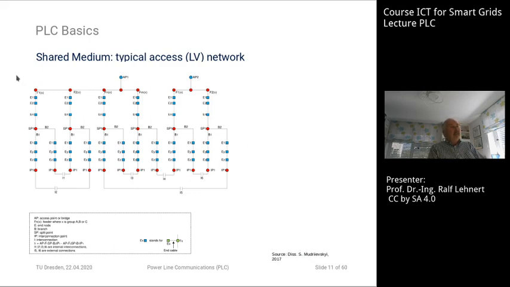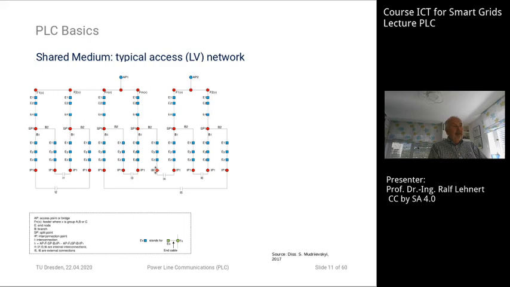So this is an example, a power network, where here we have two transformers, here and here, access points where the transformers are located, and then we have feeding points, and the customers, the houses, are these, the typical standards.